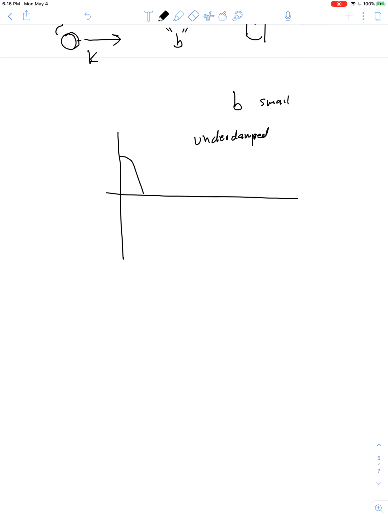So if I were to make a graph of a system where the b value is too small, then the system is underdamped, and it's just like the graph we drew above. The oscillations carry on for too long of a time.